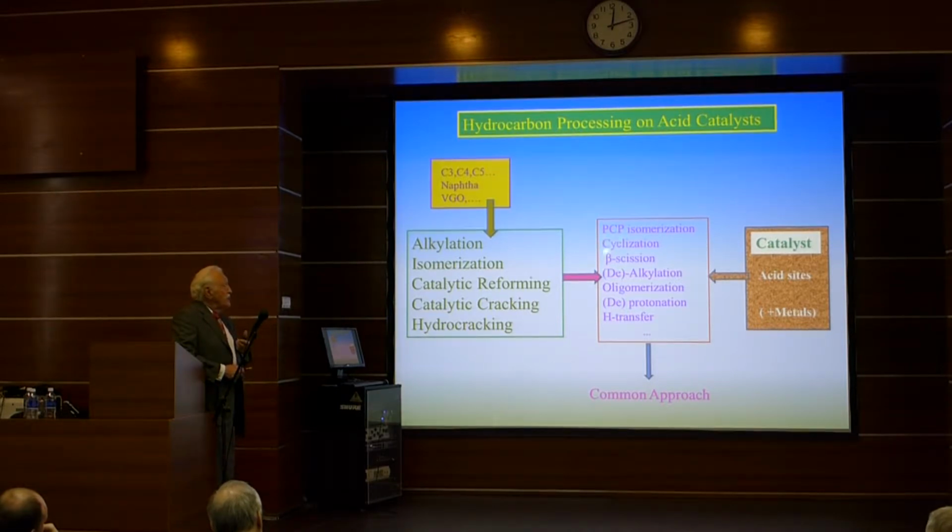And those elementary steps are shown here: protonated cyclopropane, isomerization, beta scission, hydrogen transfer, etc., etc. And that means that whatever the catalyst, which contains acid sites, and in some cases metals, we get to the elementary components that will operate in those reactions.